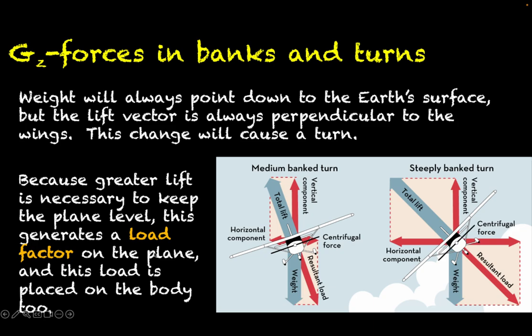But in doing so, to maintain level flight, this is going to generate a load factor on the airplane. It's not going to be that severe, but you are going to pull positive G's in doing this. So you have to consider not only the load factor on the airplane, but the load factor placed on the body of the pilot as well.